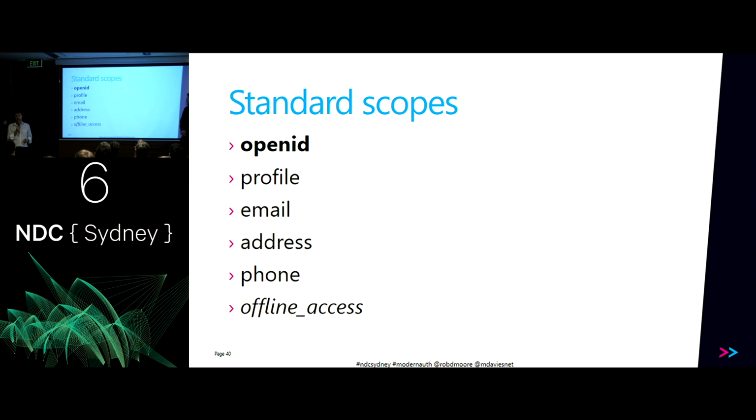It's just part of the spec. The four scopes underneath that will grant you a subset of information about that user, and we'll look at what the subsets are in a bit. The last one's kind of interesting: offline access. If you request the offline access scope and it's granted, then you will be able to generate something called refresh tokens. And we'll explain what they are in a second.